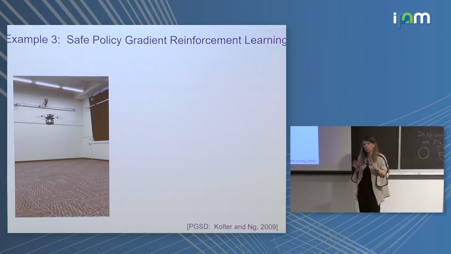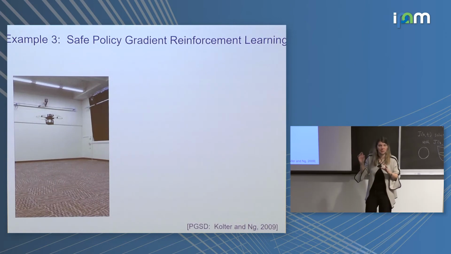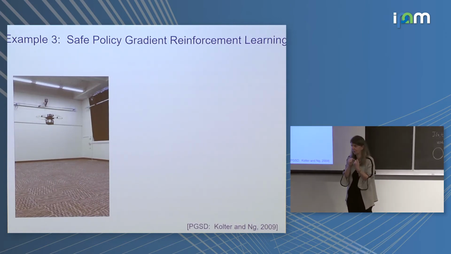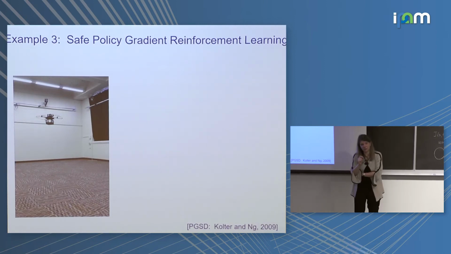So we pre-computed that reachable set. And then we took the model away from the vehicle. So we assume we had it, and then we somewhat artificially took the model away. And we asked the vehicle to learn its model and its control policy to track this up and down step trajectory, while staying in that reachable set.